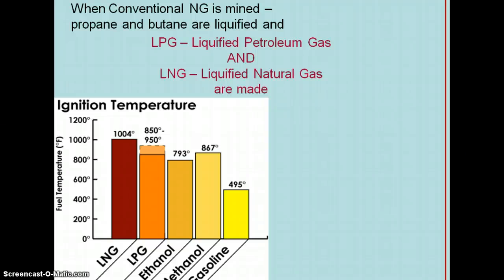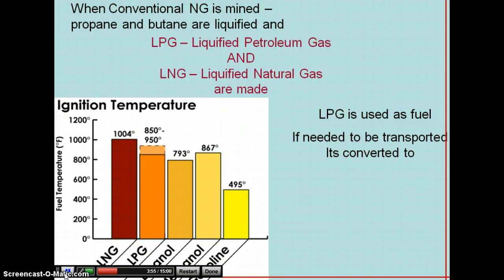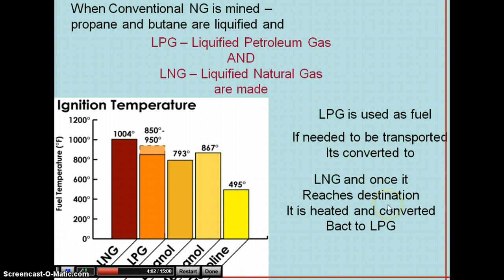So here are some facts about liquid petroleum gas. If it needs to be transported, you actually have to convert it to liquid natural gas. And then once it reaches its destination, it's converted back to liquid petroleum gas. Does that sound at all efficient or effective?